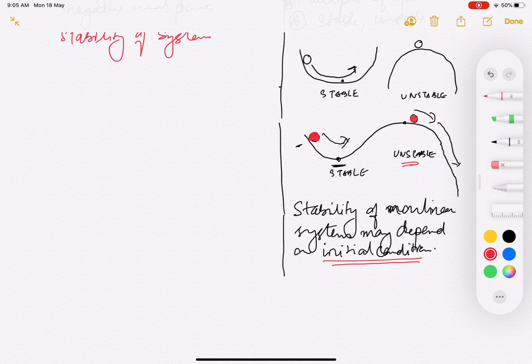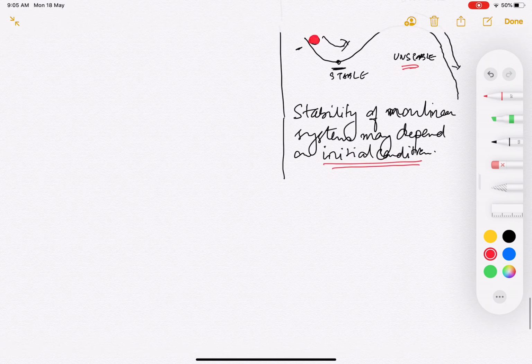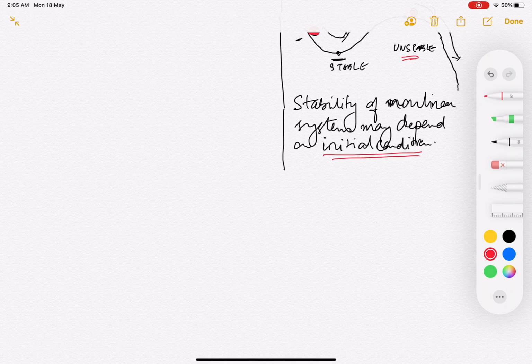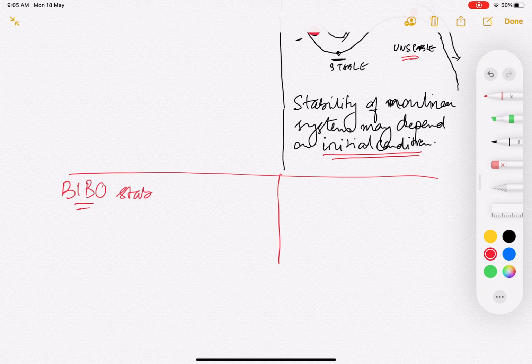The third important thing is that in linear systems, you have a concept of BIBO stability, right? So what is BIBO stability? Bounded input, bounded output stability. This is stability with reference to inputs, and you say the system has a bounded output whenever the input is bounded.